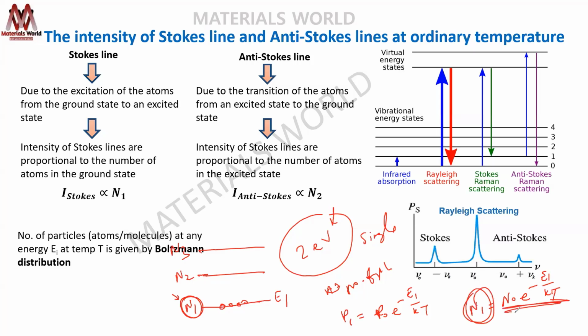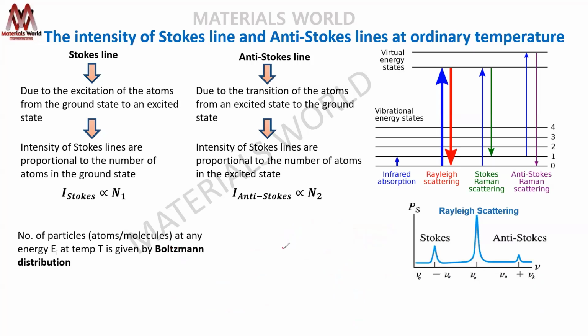Okay, it's a simple Boltzmann distribution that we all know. Okay, so let's say N1 is my number of atoms at energy level E1, and N2 is my number of atoms at energy level E2. And the gap is, let's say, delta E, that is E2 minus E1.